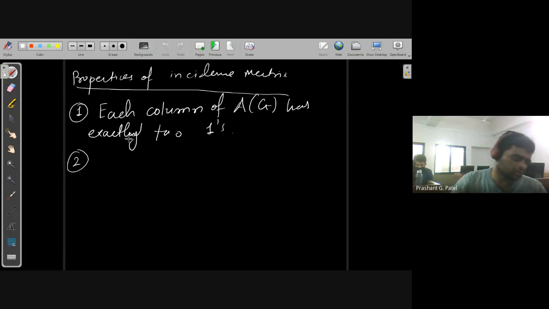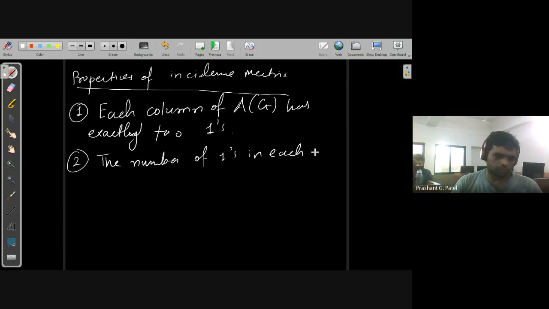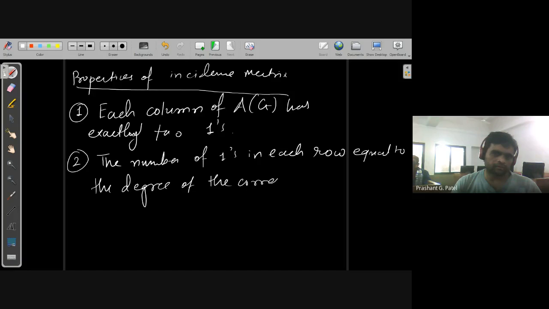In general, the number of ones in each row is equal to the degree of the corresponding vertex.